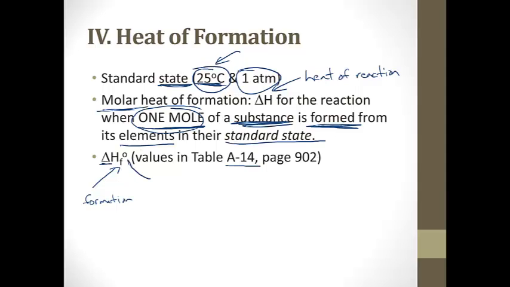And this naught right here means we're working at standard state. If you don't include that naught, then that just means it's the heat of formation at some other temperature and pressure. But the values in the book are specifically for 25 degrees Celsius, 1 atmosphere pressure.